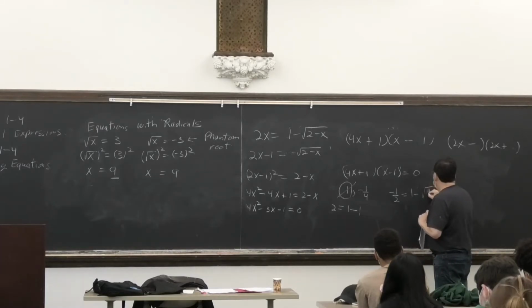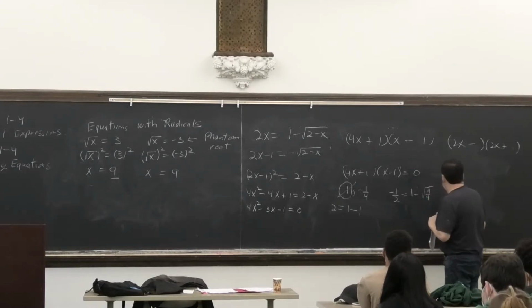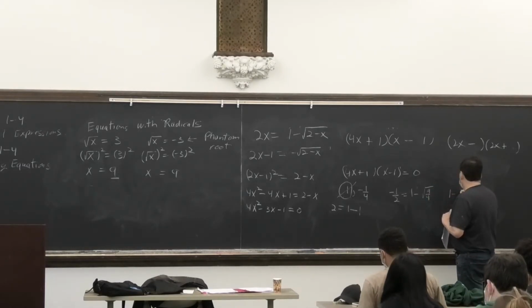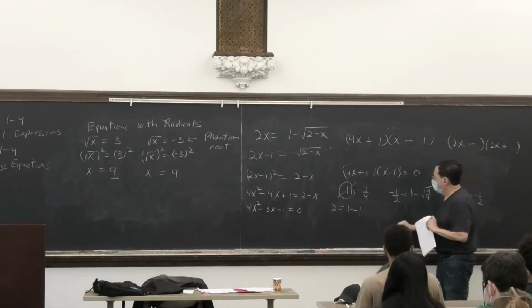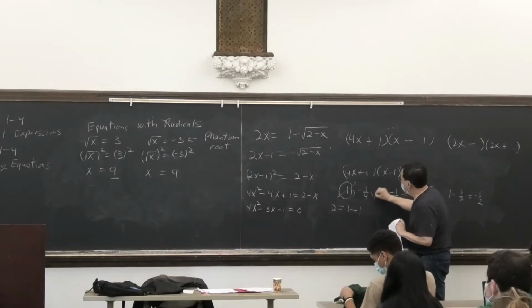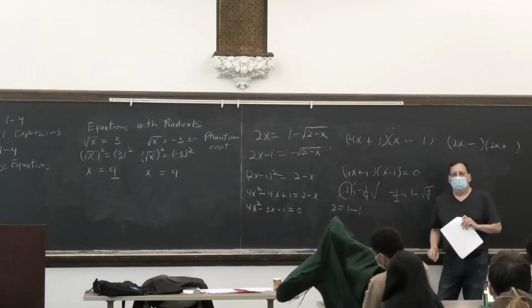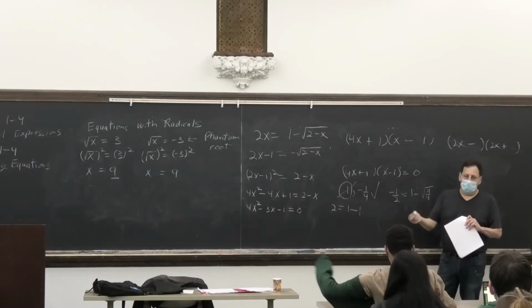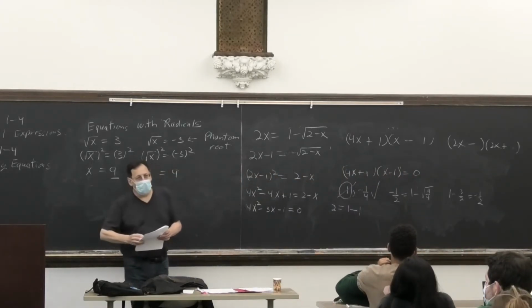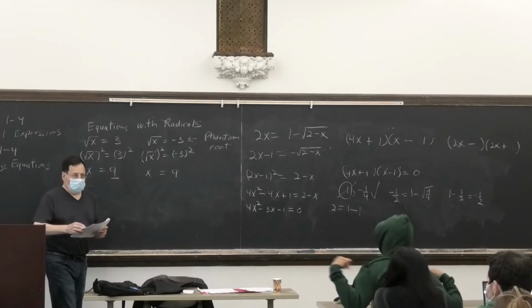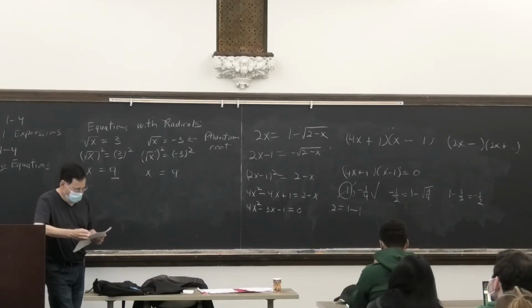Square root of 9/4. 1 minus 3/2, which is minus a half. Okay. That is the root. So again, when you're dealing with radical expressions and you're solving equations with them, you have to be a little careful.